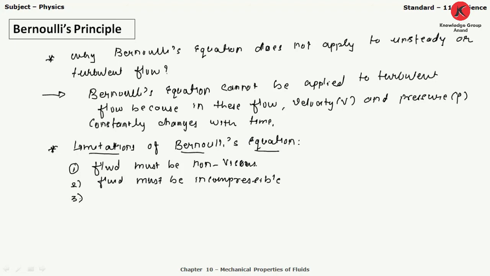The third one is the flow of fluid must be streamline, means there is no turbulent flow possible.